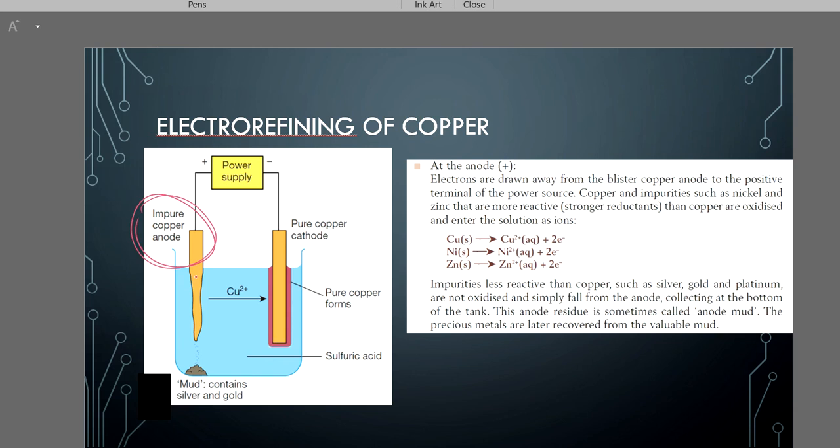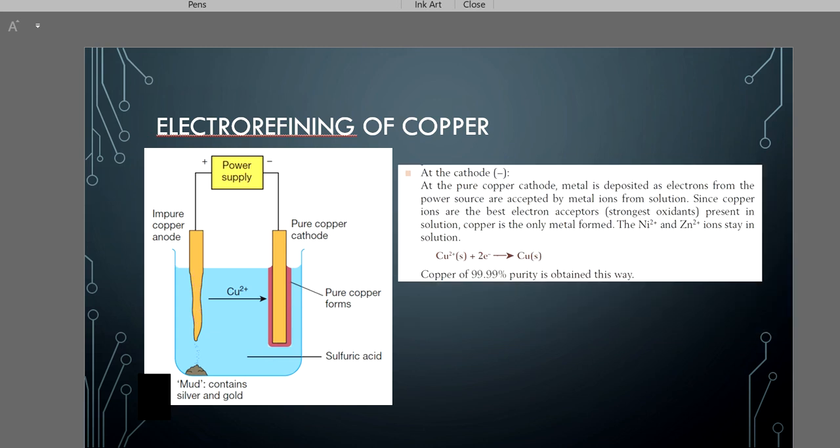You can sort of see it degrading away here, and we're forming copper ions in solution. What this is also showing you, based on the series, is that we will also get the oxidation of other metals off that impure substance. So there might be nickel, zinc, gold, silver, all sorts of other things that will also be forced to oxidize into solution. So you get a number of metal ions occurring in solution.